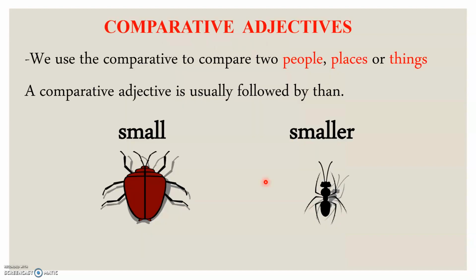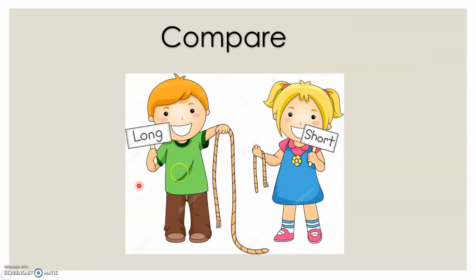Done? So, the comparative adjectives, as you can see here, we use the comparative to compare two people, places, things, no matter. A comparative adjective is usually followed by than. For example, this robe is longer than this robe. Okay?